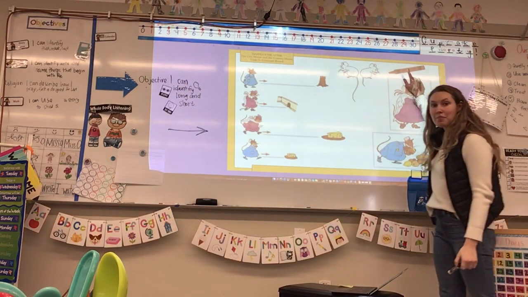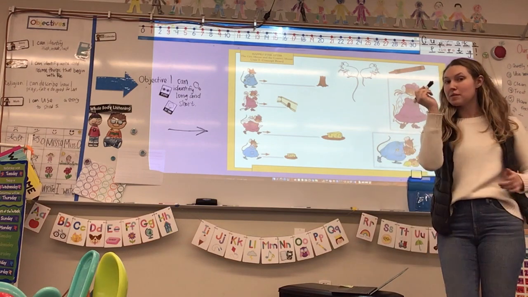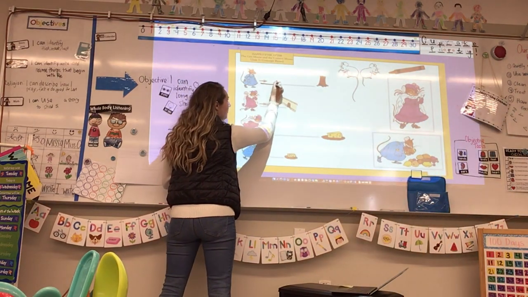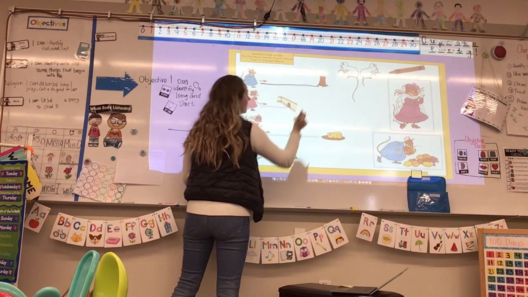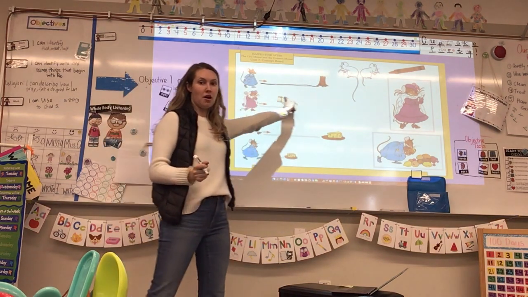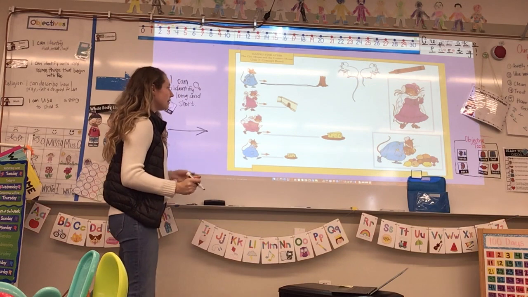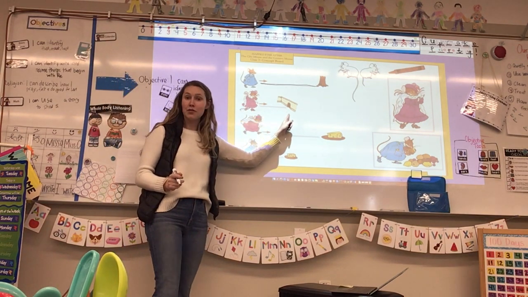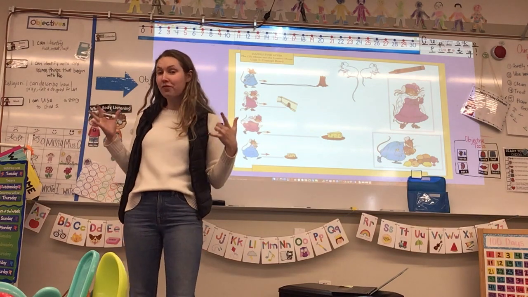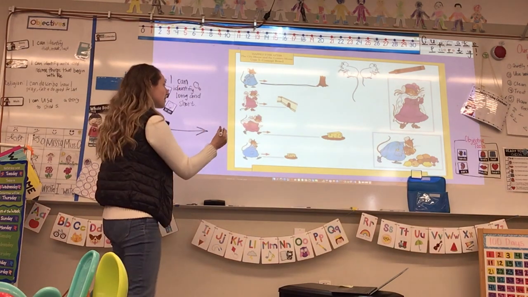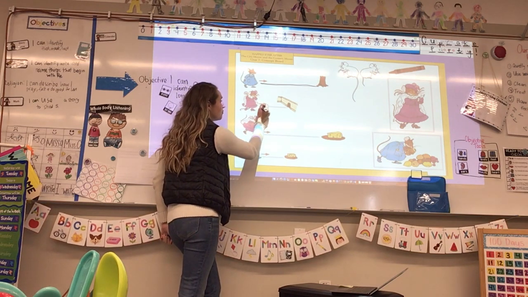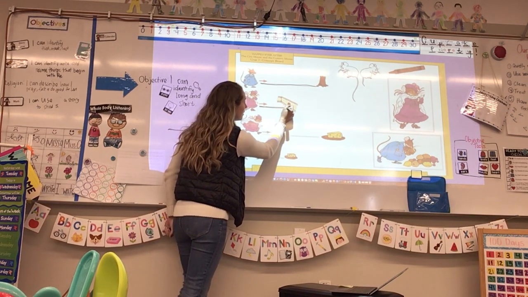We're going to be using a brown crayon, so I'm going to use my brown marker here, and I'm going to be drawing a straight line from left to right to take the country mouse to her home. Now the city mouse, she has a little hole in the wall. If you remember, the city mouse lived in a big fancy home. So I'm going to be following this arrow, taking the city mouse from left to right to her home.